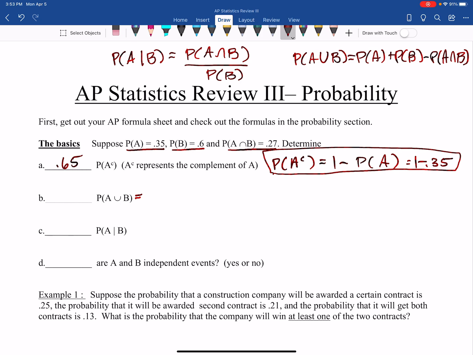So the probability of A is 0.35 plus the probability of B is 0.6, and the probability of A and B is 0.27. I would make sure that I write that out just like that and solve this, which is 0.68.